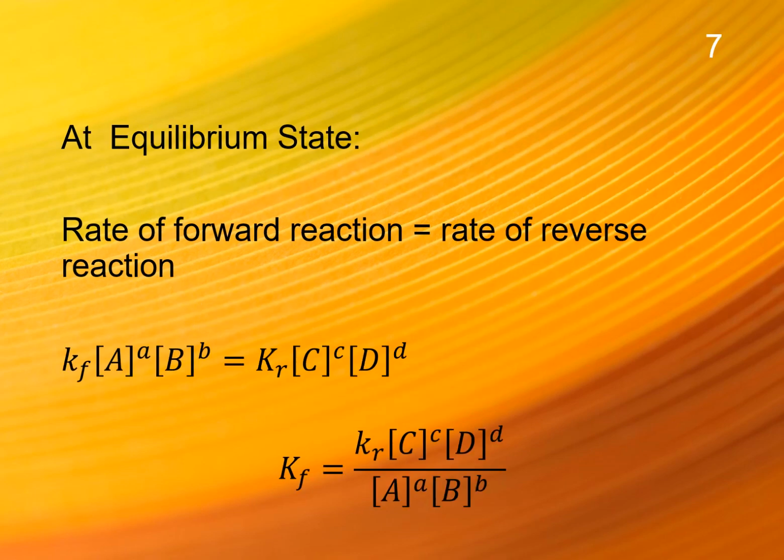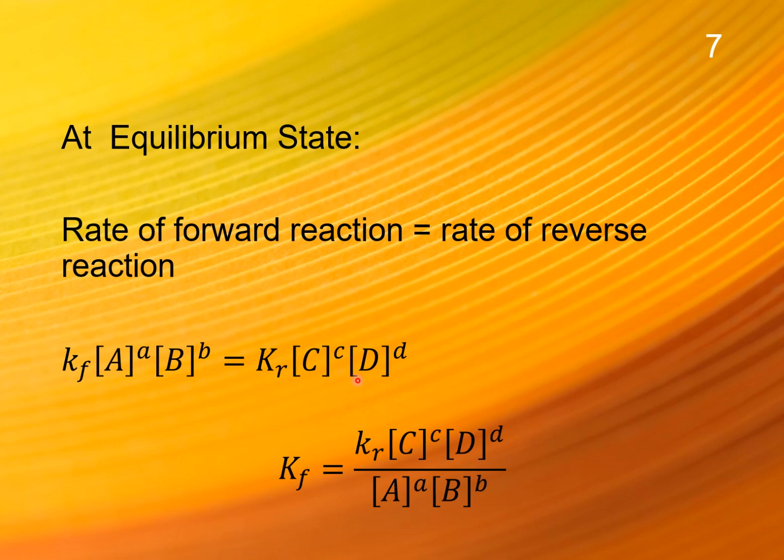When the equilibrium state is attained, the rate of the forward reaction is equal to the rate of the reverse reaction. Now put in the values of the rate of forward reaction and rate of reverse reaction. We get the constant for the forward reaction, Kf, multiplied by the product of the concentrations of the reactants A and B, equal to the constant for the reverse reaction, Kr, multiplied by the product of the concentrations of the products C and D. Now rearrange the equation.